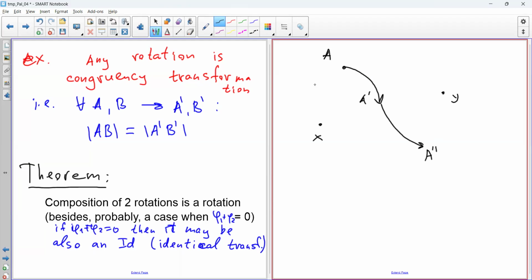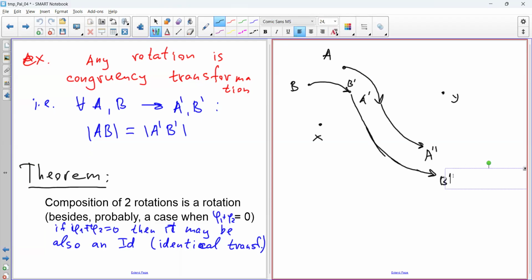And point B here goes somewhere over here, B prime. And over here it goes then somewhere over here, B double prime.